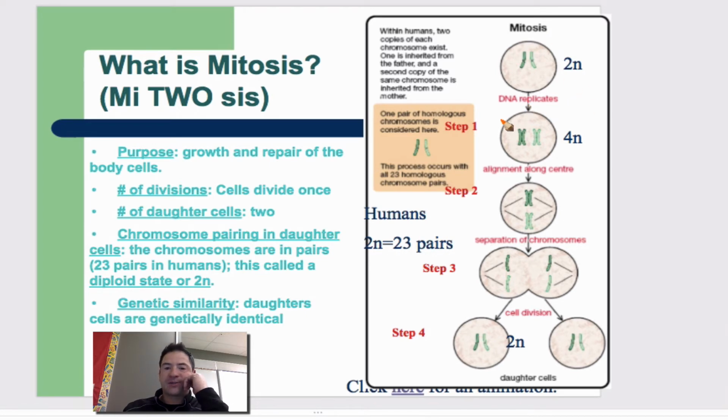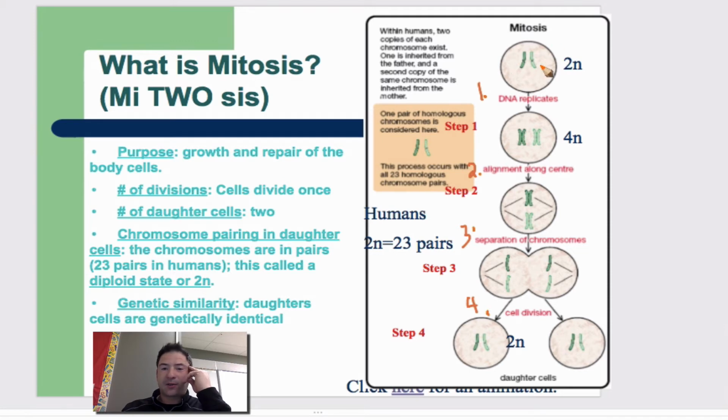These four steps, step 1, step 2, step 3, and step 4, are very important. You will most likely or almost always see this diagram on a diploma exam, and you'll have to know these steps. Now, for the people that have taken Bio 30, you have to look at this in a little more depth, and you have to understand the names of all these phases. We just have to describe what's going on.